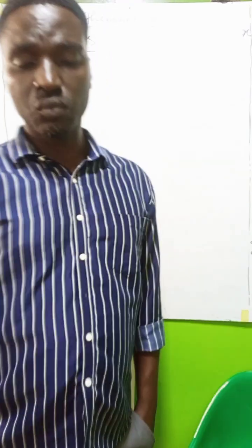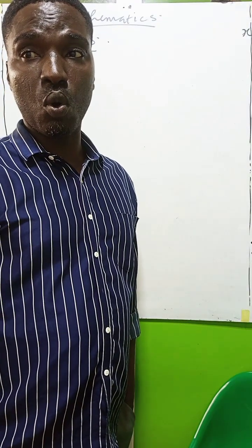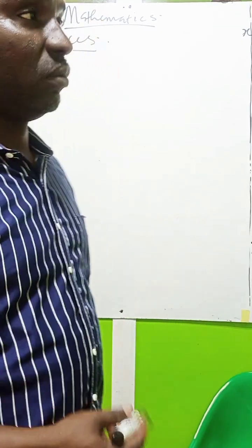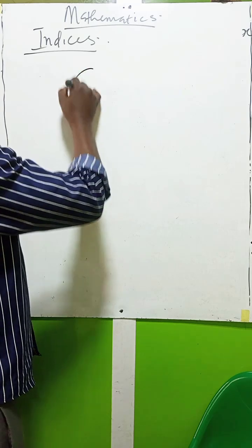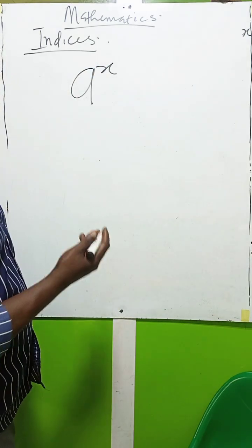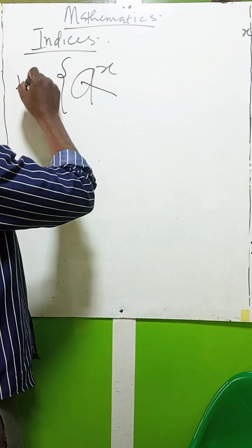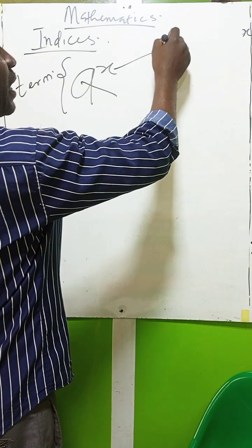Now, we are going to first and foremost know what a term is. A raised by x. This is a term. This as a whole is a term, while this can be regarded as a power.